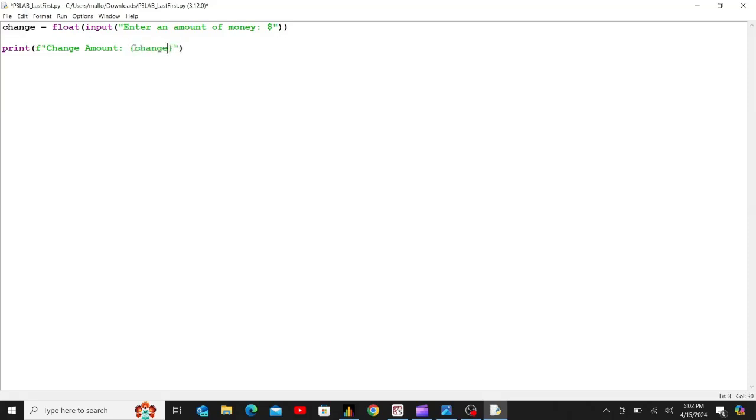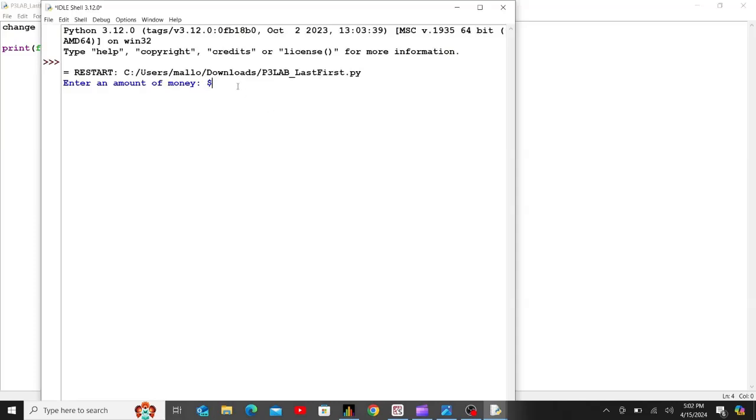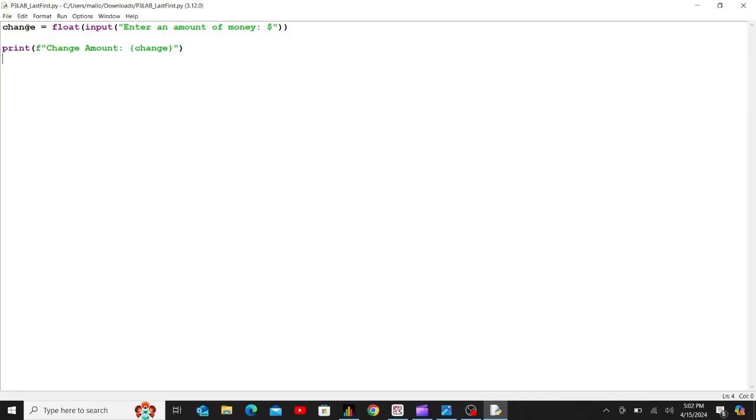And I'm going to throw it in a set of curly braces. So now we should be able to run the program and go ahead and give this first part a test. Enter an amount of money. Let's say $8.45. I press enter. Very nice. It's given us back the value that we put in, so we know that the value is being stored appropriately.